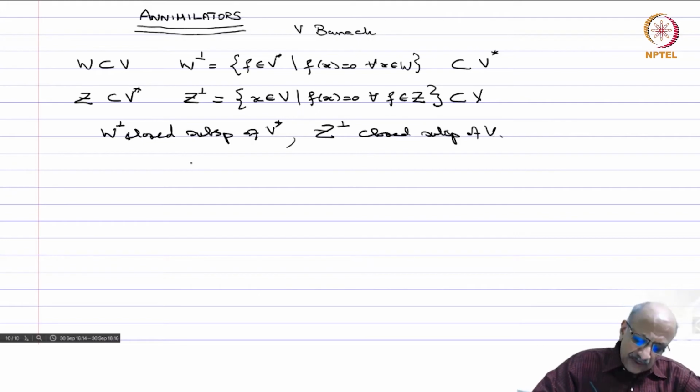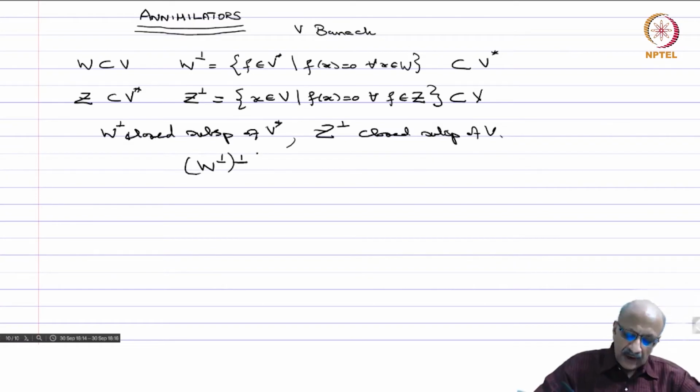So now let me take W perp perp. W perp is a subspace of V star. I take its perp, so this is something in V now. If you take any element x in W, that will be killed. When I say killed, that means the valuation is 0.